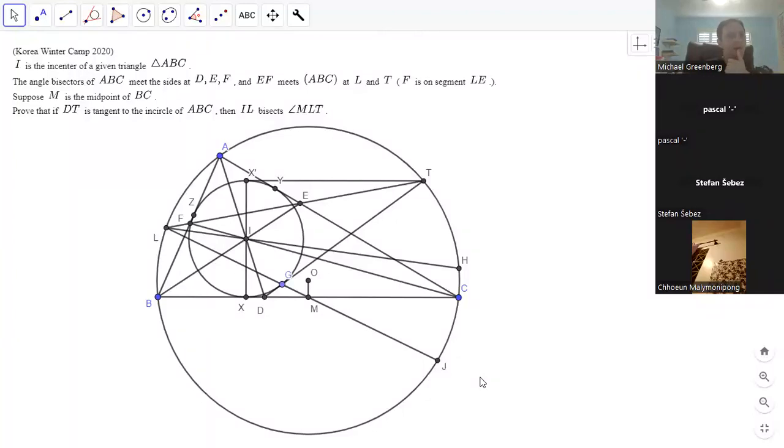Should we use the angle bisector theorem? How should we do this?